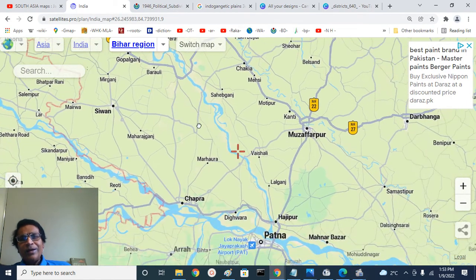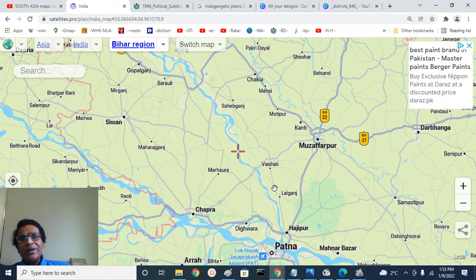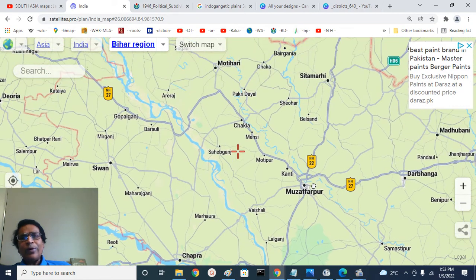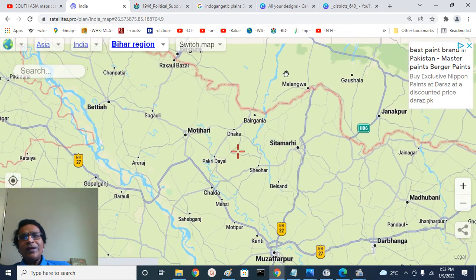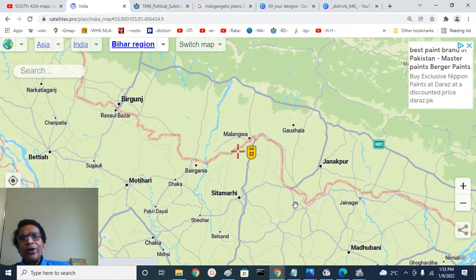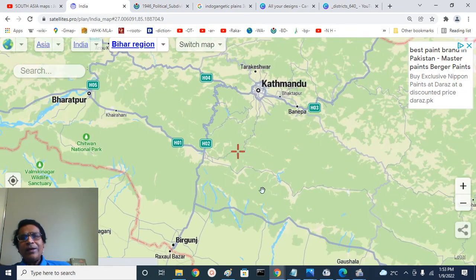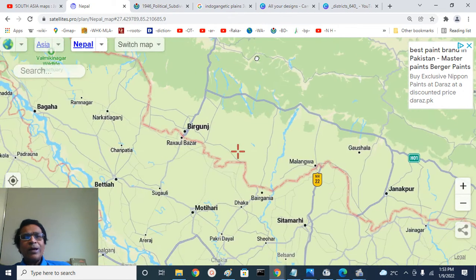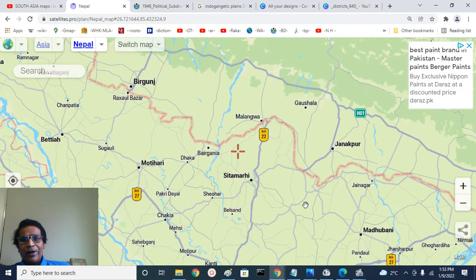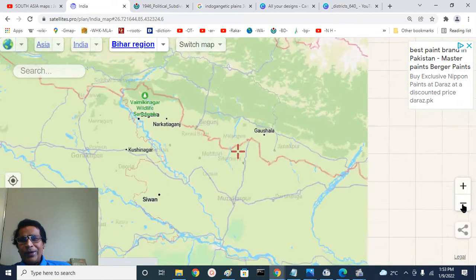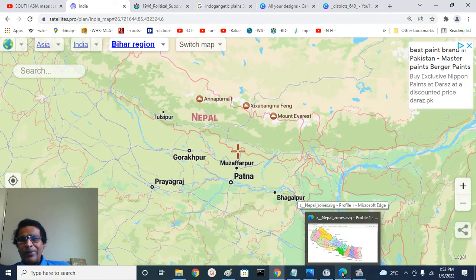On the Gandak River, you see Vaishali, Hajipur, Muzaffarpur, all those areas, Sitamarhi. This is the Janakpur region of the Nepalese kingdom, and this is the Narayani, and the Kathmandu region comes under the Bagmati district of Nepal. That is in brief about the first.